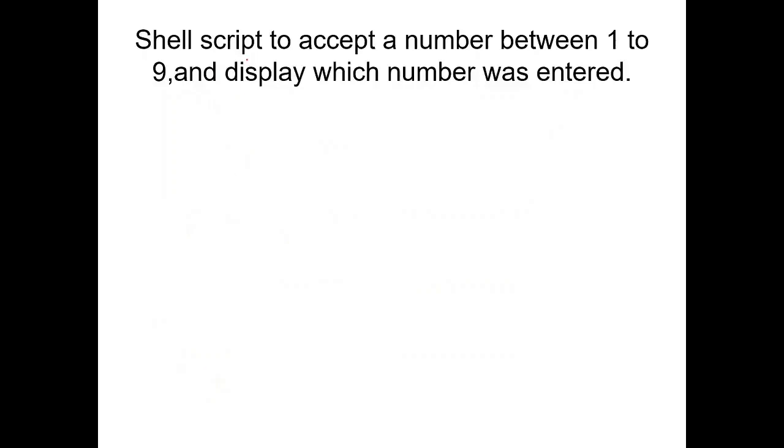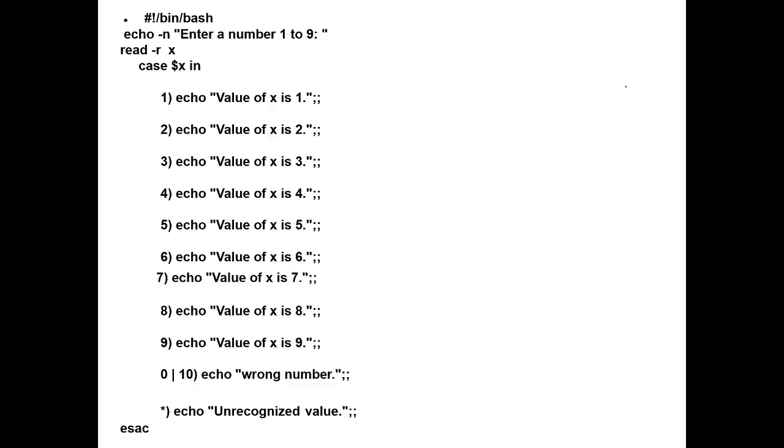Another example, shell script to accept a number between 1 to 9 and display which number was entered. So you need to accept the number between 1 to 9 from the user, and that will be stored in variable x, and now you are going to compare it with the patterns. So if the pattern is 1, then it will display the value of x is 1.